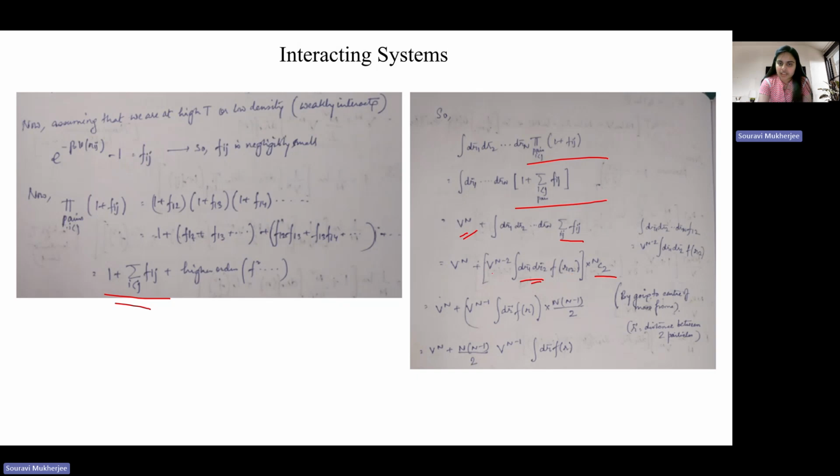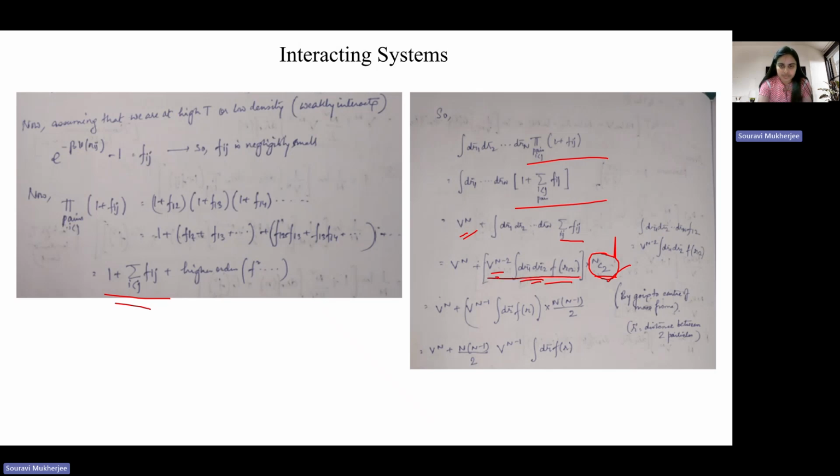All the other terms would contribute just a volume term, V to the power n minus 2, right? Because you have just chosen two quantities, you're looking at one pair first, and then you multiply that with the number of pairs that one can have. This is for one such pair, and this is the number of pairs that you can have, that is NC2, right?